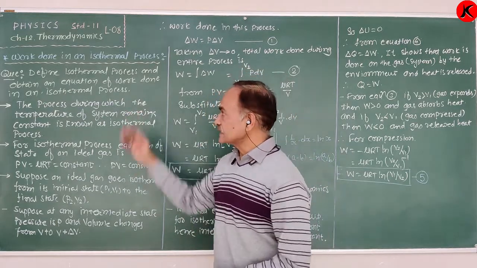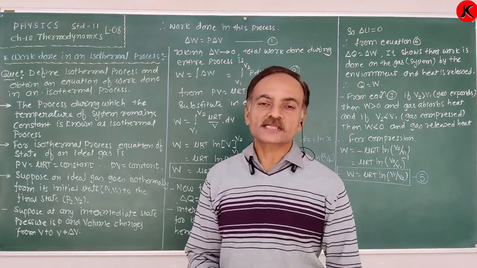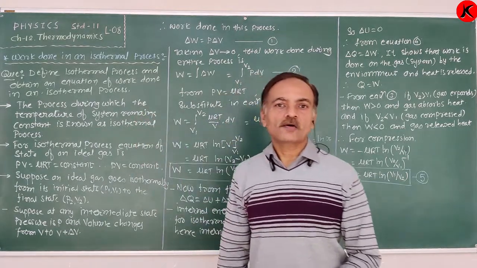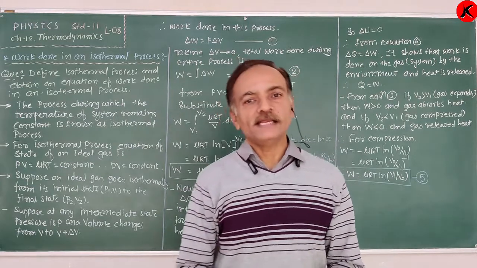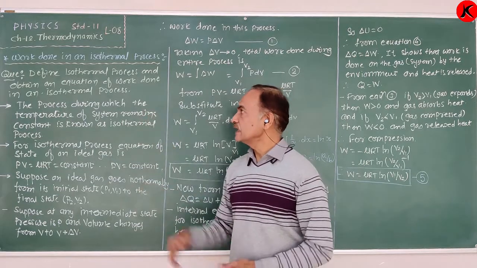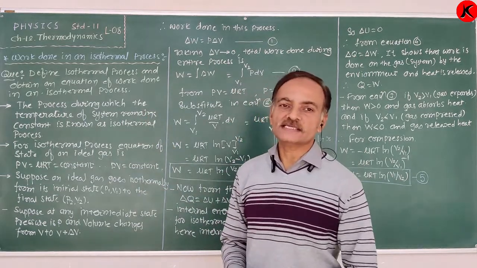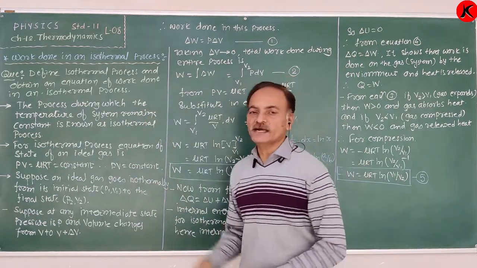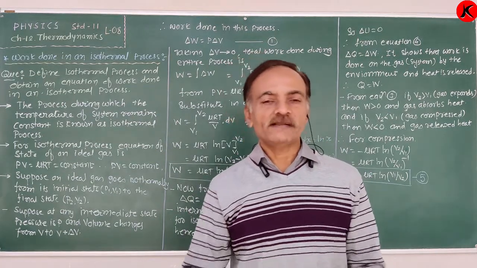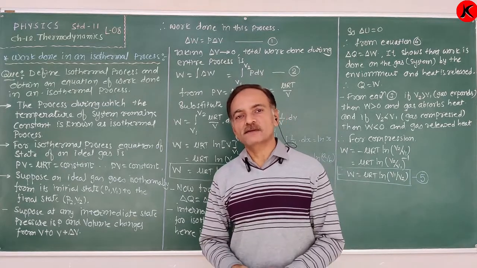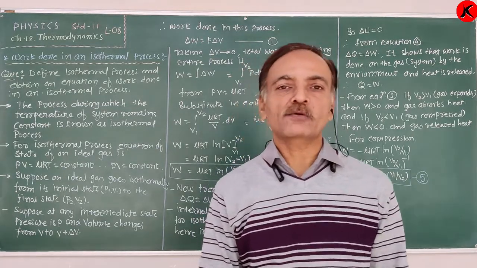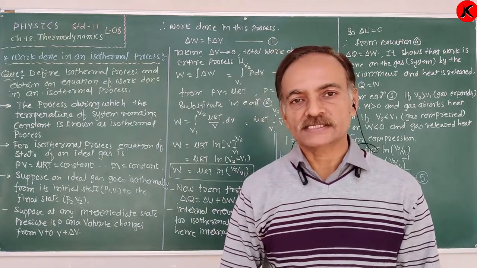Now the question is asked this way: define isothermal process and obtain the equation of work done in an isothermal process. Already we discussed the definition of isothermal process. Isothermal means the temperature remains constant in a thermodynamic process.